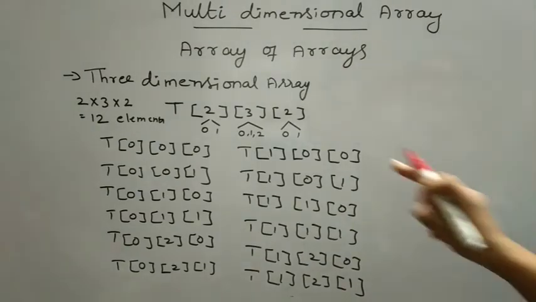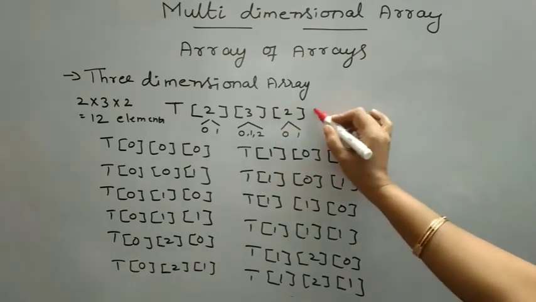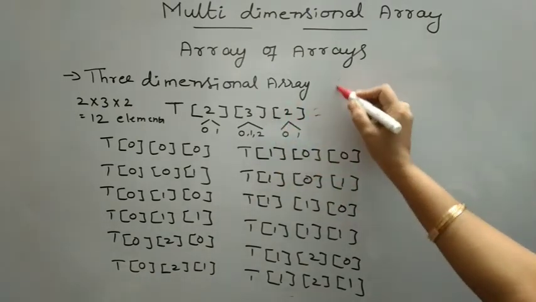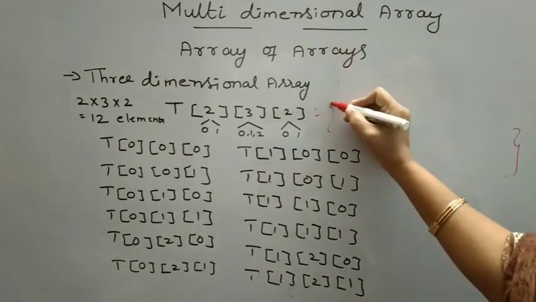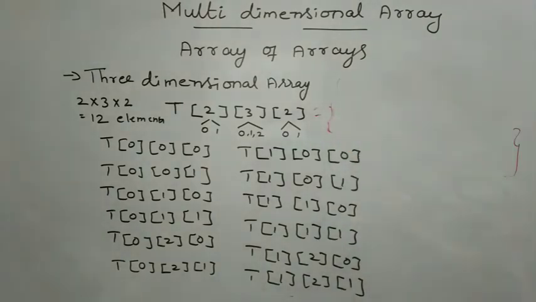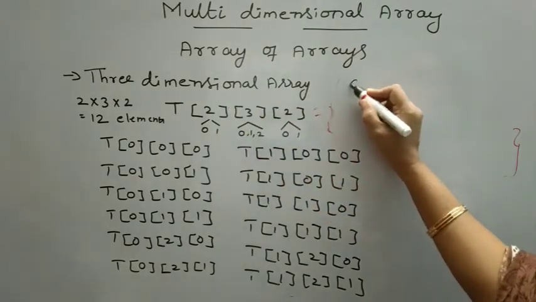If you want to assign values for this 3-dimensional array T, we are going to assign values for this 3-dimensional array. In this 3-dimensional array we have 2 rows.